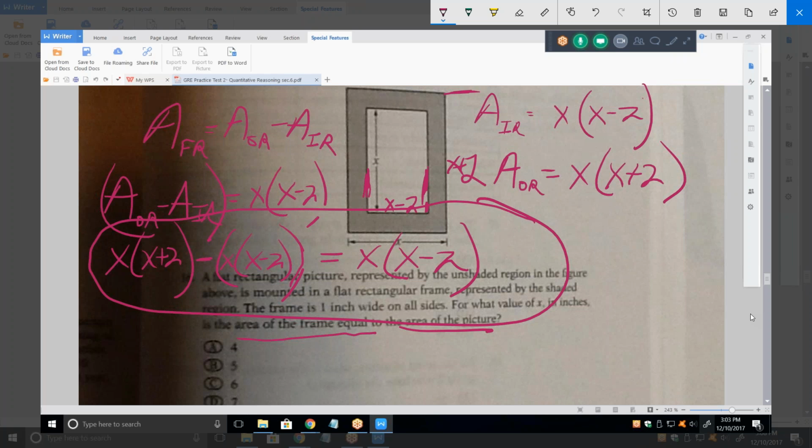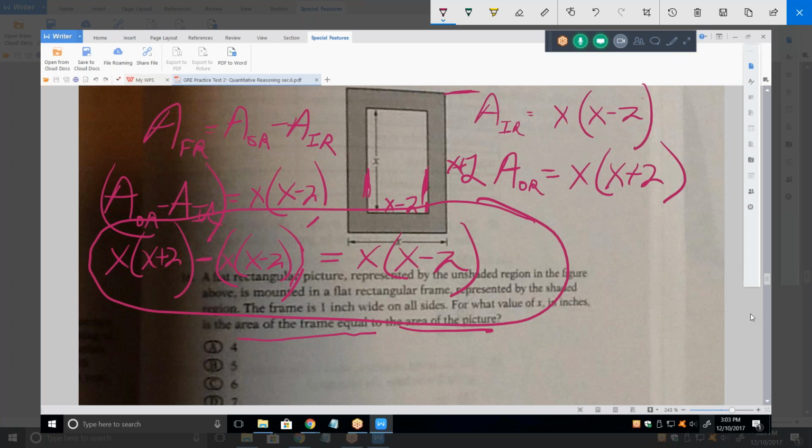Before we get to solving that, let's make sure you understand exactly what we did. First of all, we had to dimension all of the unknown sides. The little rectangle, we had to put an x minus 2 on it. And the big outside rectangle, we had to put an x plus 2 on it.